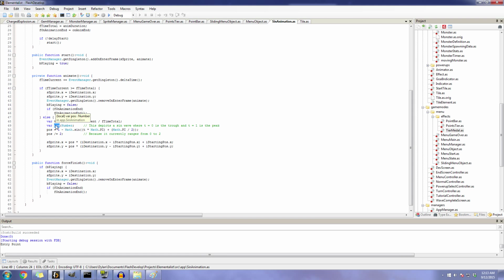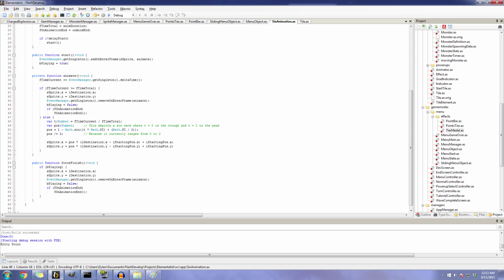Then pause, which is, I'm reading it now, I think it's the Y on this graph. Yeah, it is. So t is in terms of time of the animation, and pause is in terms of position of the animation.